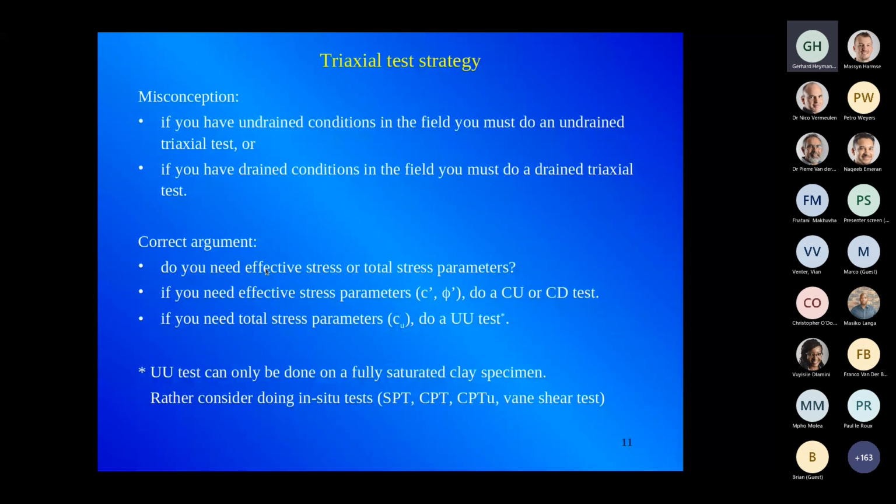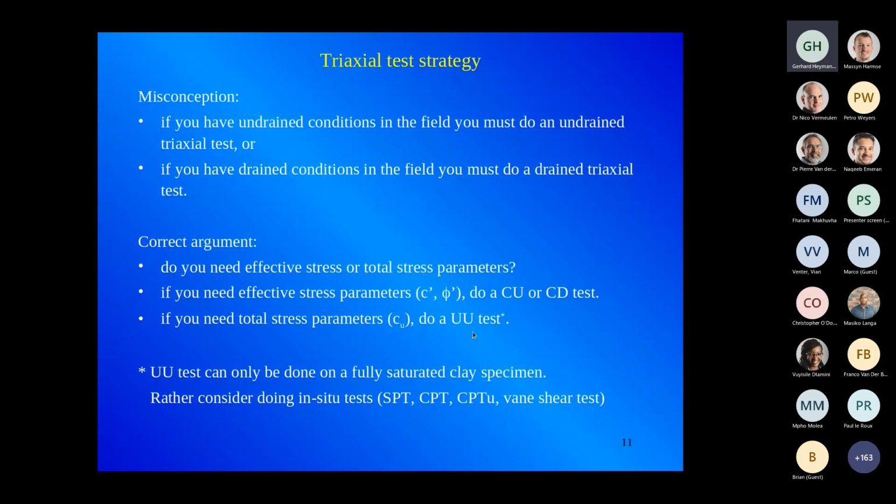If you need effective stress parameters, c dash, phi dash, you can do either. You can do consolidated undrained or you can do consolidated drained. And I'll spend a minute in a second to explain this. Which one would we do when? But if you need total stress parameters, you only have the option of doing a UU test.